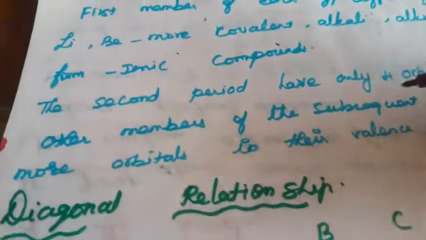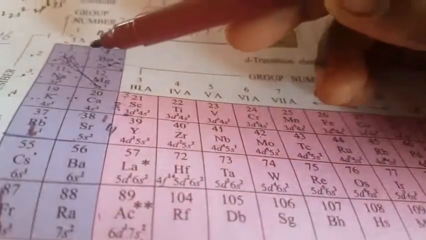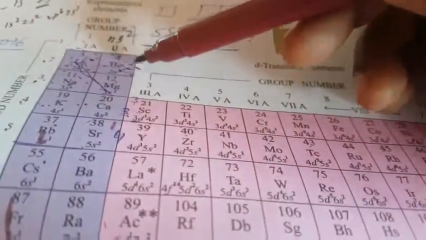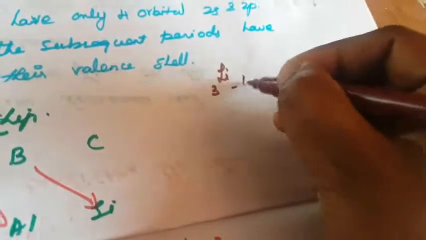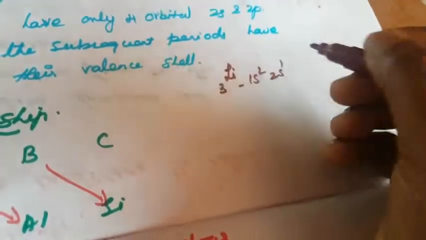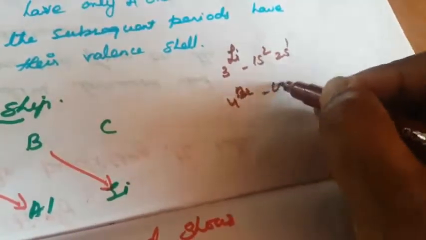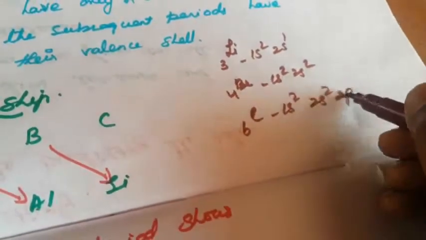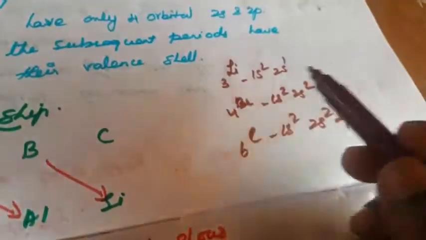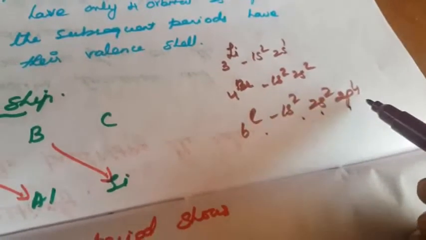The second period has only 4 orbitals, 2s and 2p. For example, lithium atomic number is 3, beryllium 4. Lithium is 1s2, 2s1; beryllium, atomic number 4, is 1s2, 2s2; carbon, 6, is 1s2, 2s2, 2p2. In the second period only 2s and 2p, only 4 orbitals, are possible.